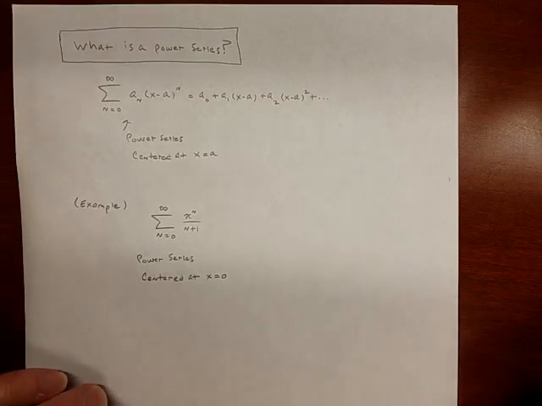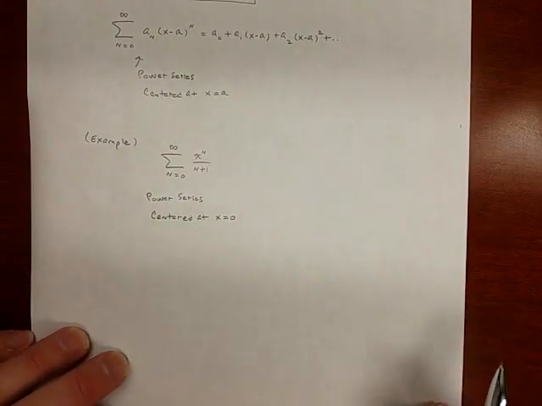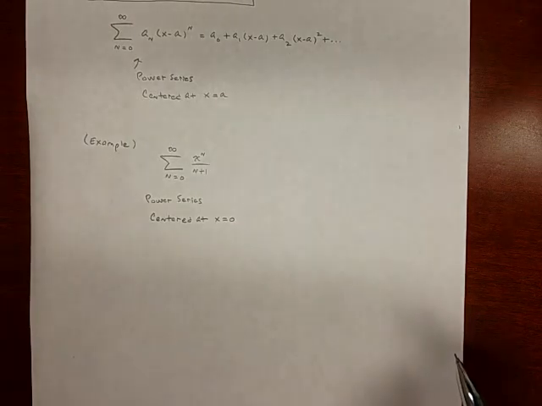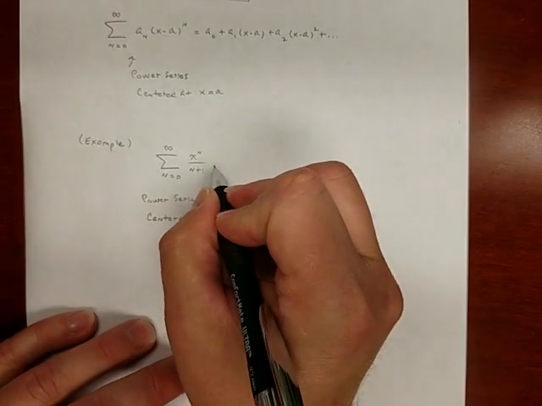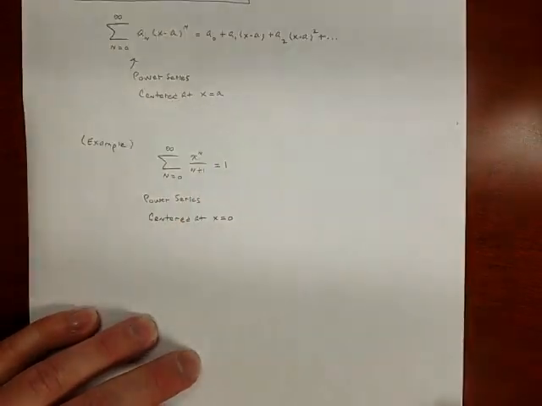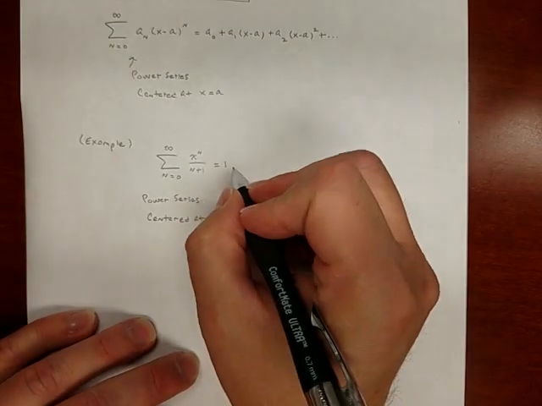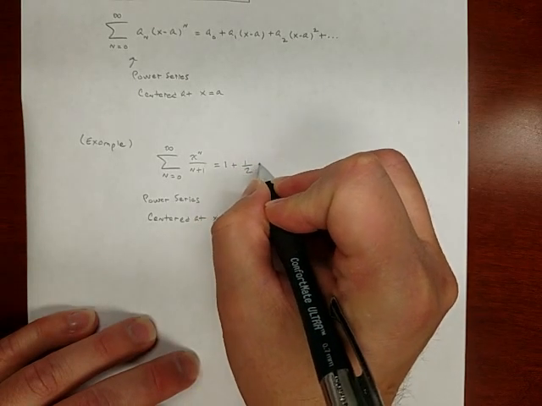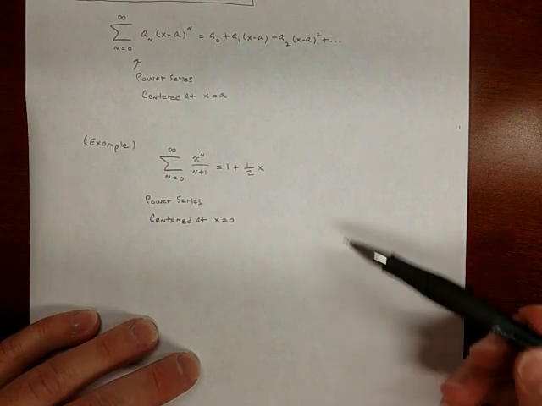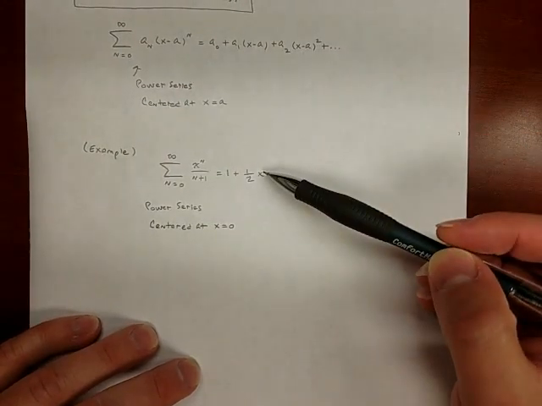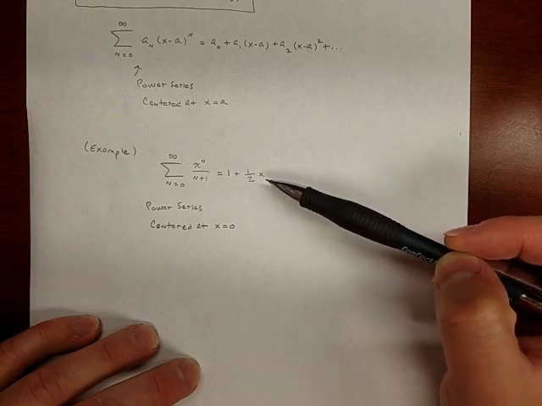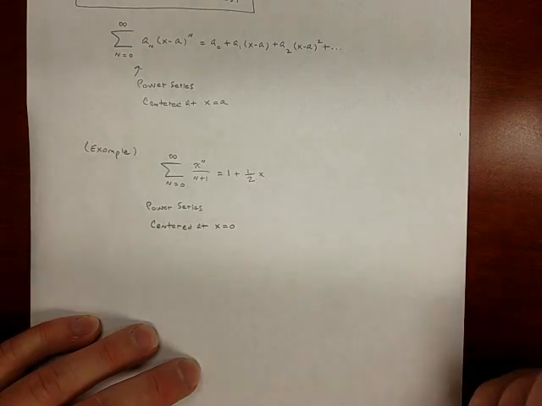All right. So here's an easy example. That right there would be a power series. Let's have a look at it. Say we just wrote some of it out to explore it. I would find that the first term was 1, and then the second term was, maybe we could say 1/2 x, because I did make the claim that this is going to be a constant, a coefficient, times x to some power, right?